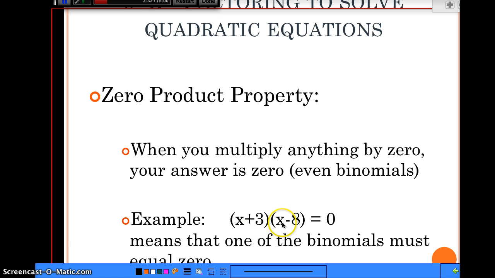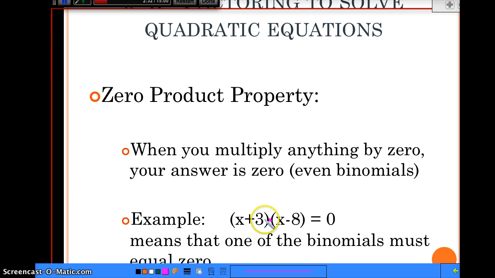You have a binomial times a binomial equals 0, which means really, in order for me to multiply anything by another number to get 0, this one would have to equal 0, or this one would have to equal 0, or they both have to equal 0. But regardless, one or both of them are going to have to come up to 0.